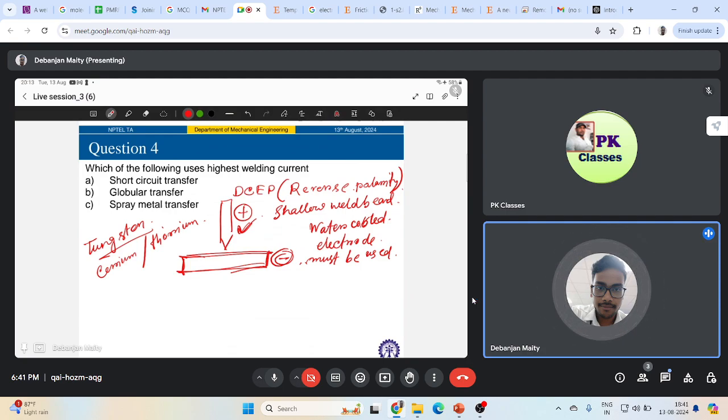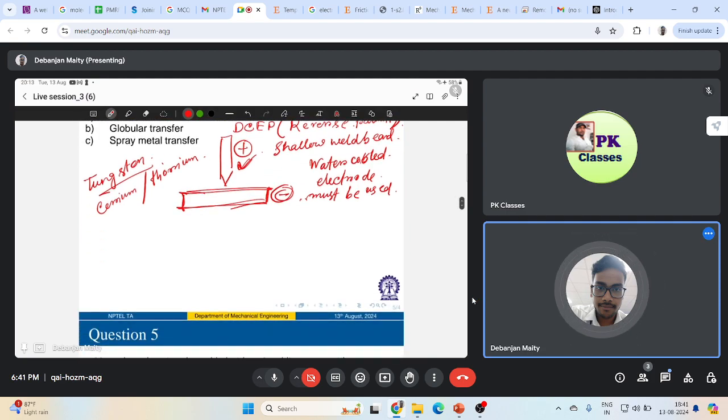So, we will be talking about different variants of gas tungsten arc welding. What are those? In terms of variants of gas tungsten arc welding, we can have pulsed gas tungsten arc welding.